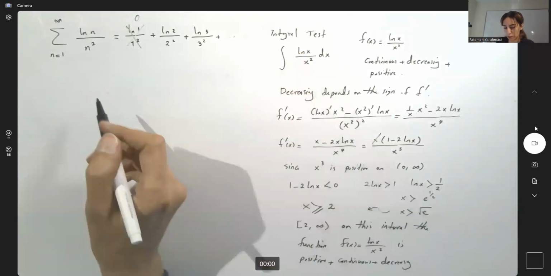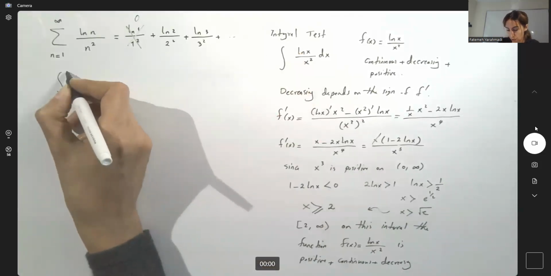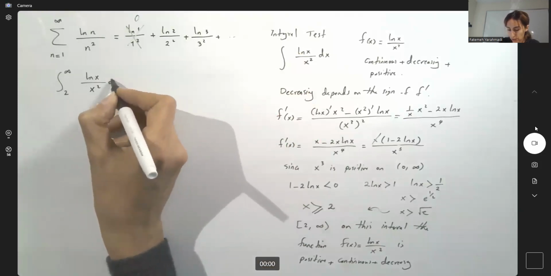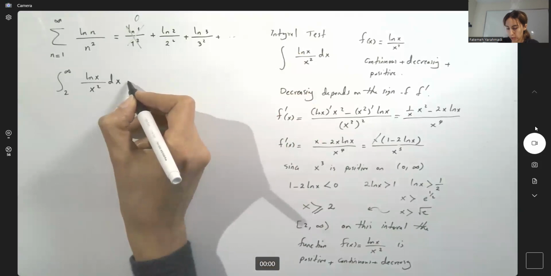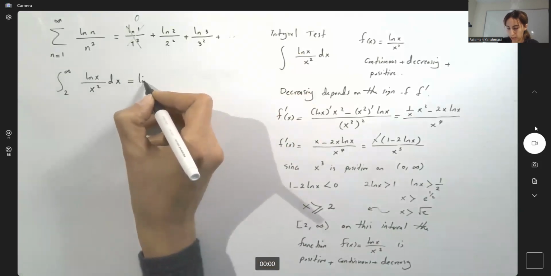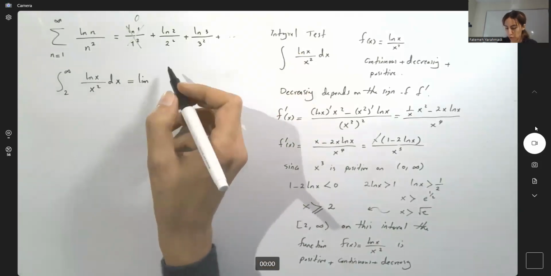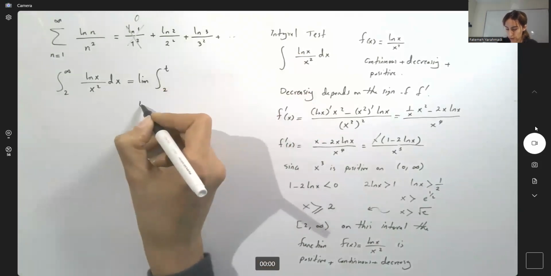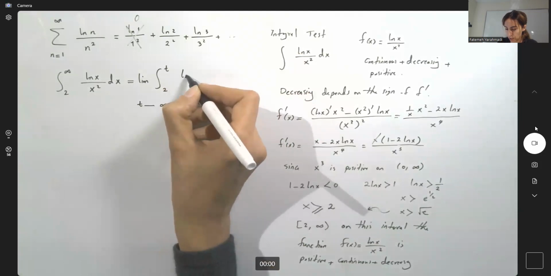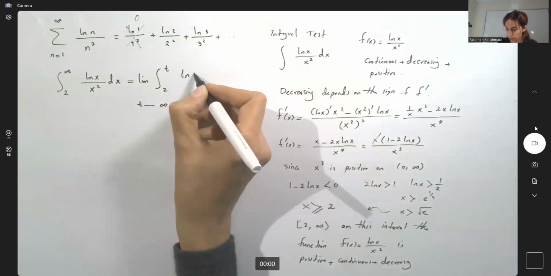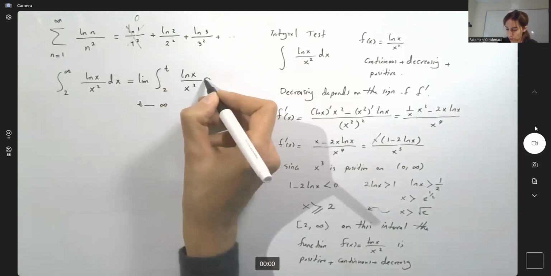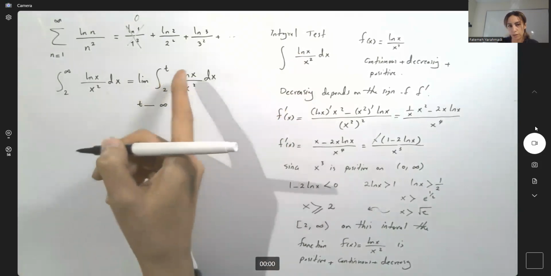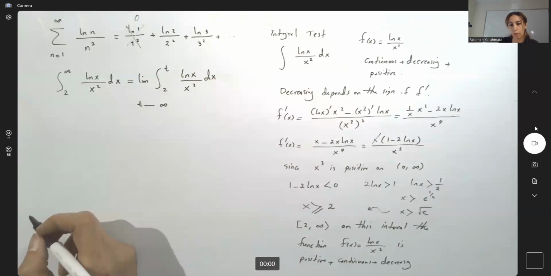Now you just need to take the integral from 2 to infinity of ln of x over x squared dx. Well, you need to write this in improper integral form. So here you have the limit of the integral from 2 to t as t goes to infinity of ln of x divided by x squared dx. And okay, for this integral, we need to apply integration by parts, right?